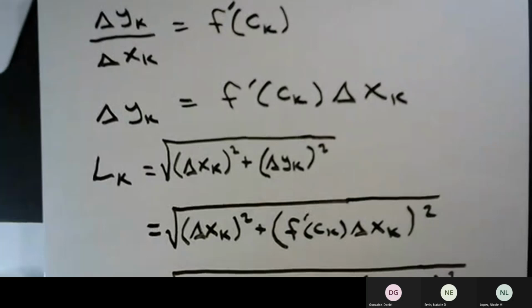That'll be the integral from 0 to 1 square root of 1 plus 3 y to the 1/2 squared dy. And this will be the integral from 0 to 1 square root of 1 plus 9y dy.